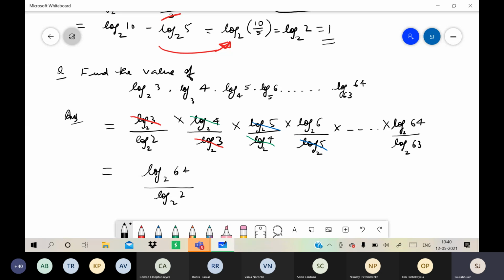Now it is not possible for me to write all those terms, it will take a lot of time, so we have to understand the pattern. And pattern says that, what about this log 6 base 2, this will be cancelled with the next term which will be present here. Now you should understand we cannot write all these terms. What about this, it will be cancelled with the previous term which I will write here. So like this all the terms will be cancelled, this will remain.